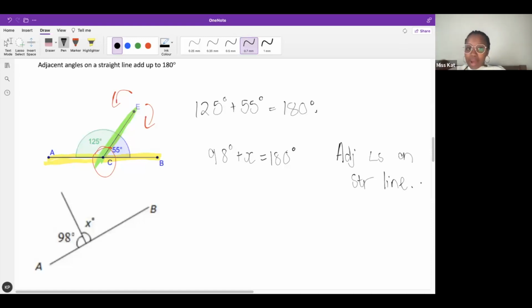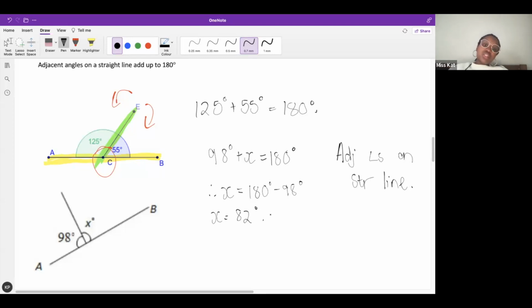Okay, remember, I'm going to provide you with a sheet that shows you these reasons and how to apply them. Thank you very much. Zekatelo is already like, boom. Adjacent angles on a straight line.